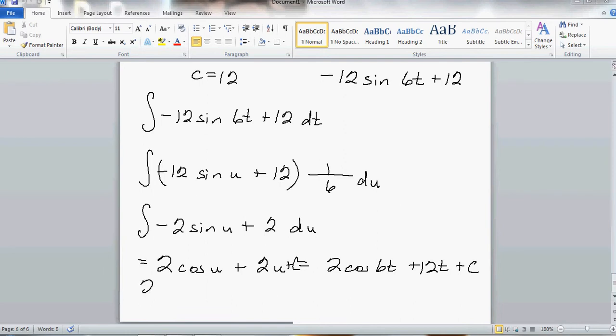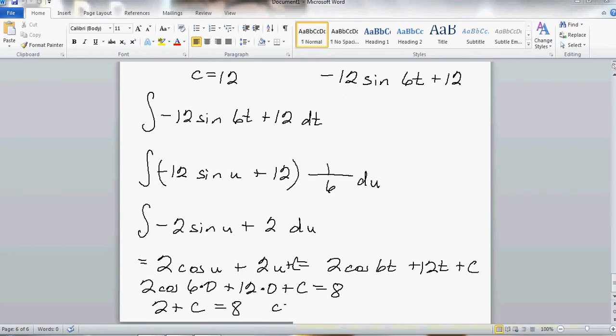So now, since we know s of 0 equals 8, that means I should be able to plug in all this. So 2 cosine of 6 times 0 plus 12 times 0 plus c equals 8. Let's see, 6 times 0 is 0. Cosine of 0 is 1. So this becomes 2 plus 12 times 0 is 0. 2 plus c equals 8.